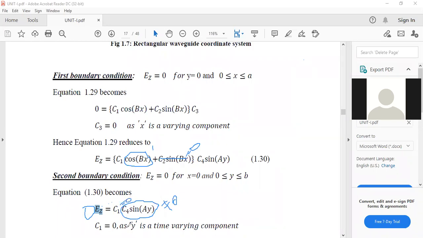Now we can write C1 is equal to 0. So due to the second boundary condition, we get C1 equal to 0. Now substitute in this equation: this is vanished and we have only these two terms. Now Ez is equal to C2 sin Bx and C4 sin Ay.